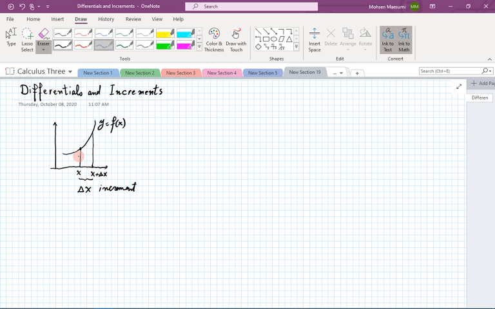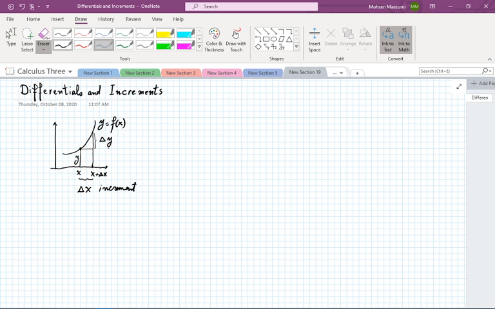And suppose the height at the beginning is just y. Now the height has changed, it has increased by a certain amount. This one is going to be the increment of y, so this is going to be shown by delta y.